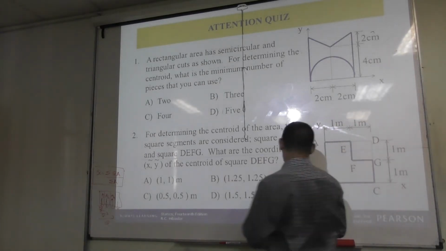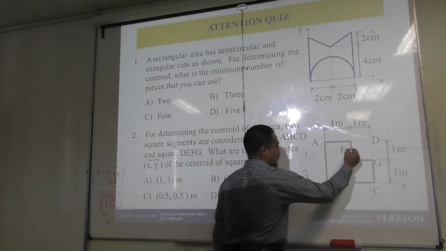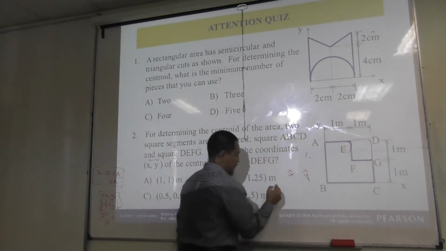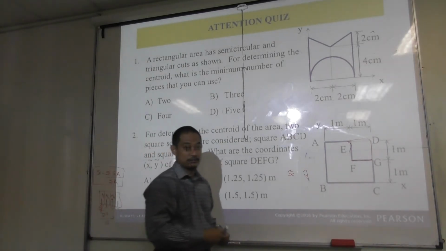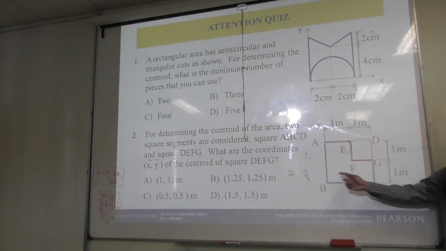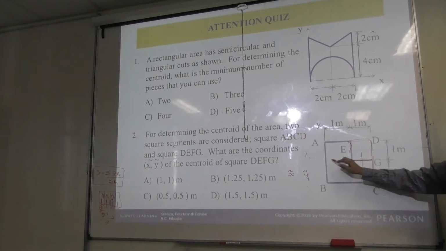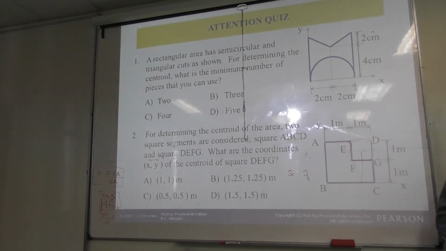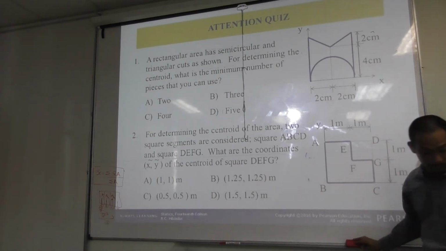Because when you do the table, you will have x, y. For this small segment, 1.5. Any different answer? Because sometimes, if this one is 0.5, you forget to add the coordinate, that's the issue here. That's just to check. Alright, so you understand this one.